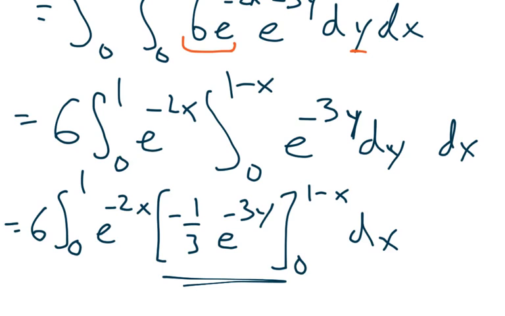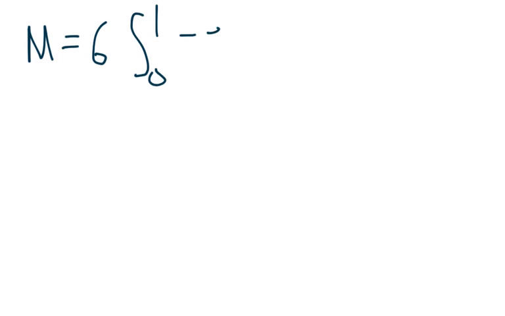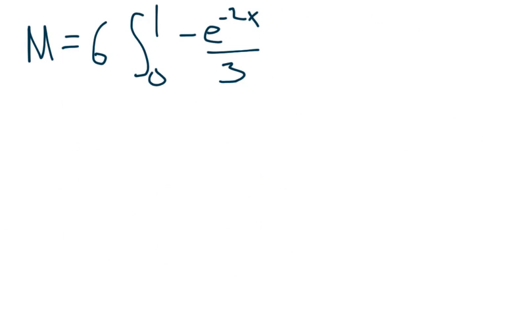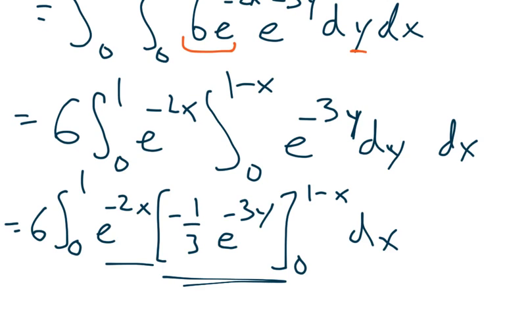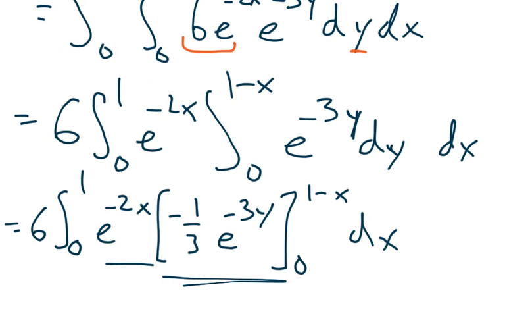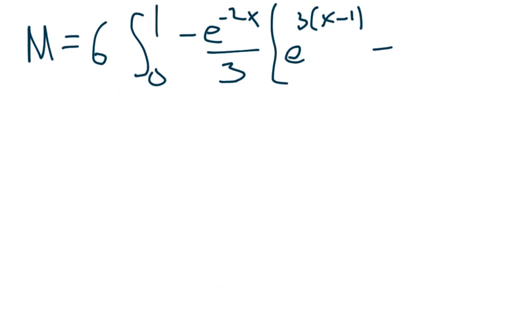And now I'm going to bring this minus 1/3 out, so I have minus e to the minus 2x over 3, because that's all this stuff. And if I evaluate e to the minus 3y at 1 minus x, I get e to the 3x minus 3, minus, well, e to the 0 is 1, so minus 1, dx.